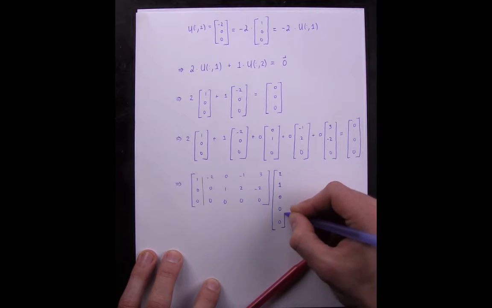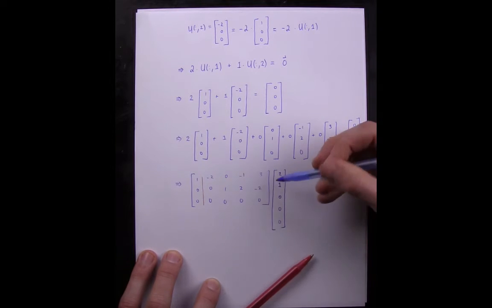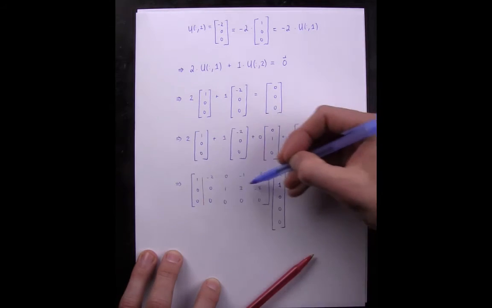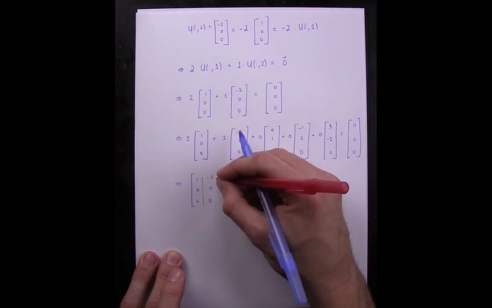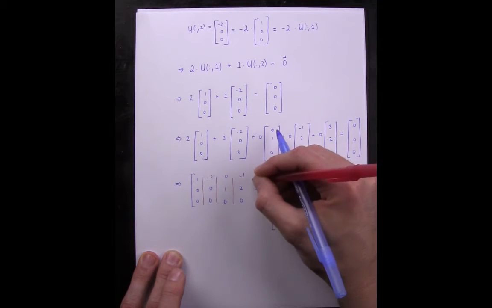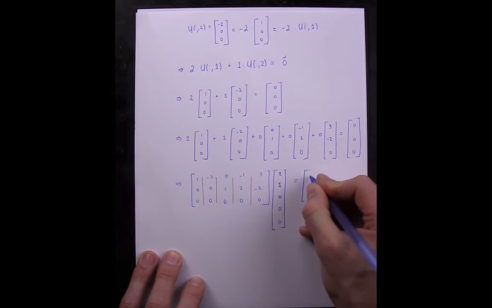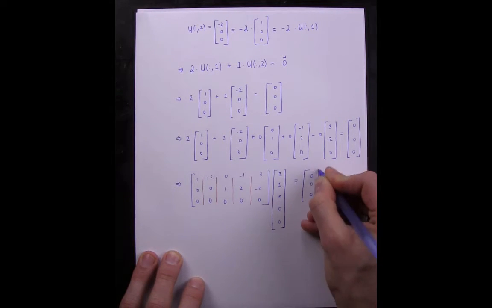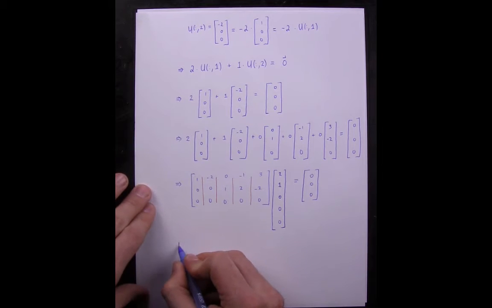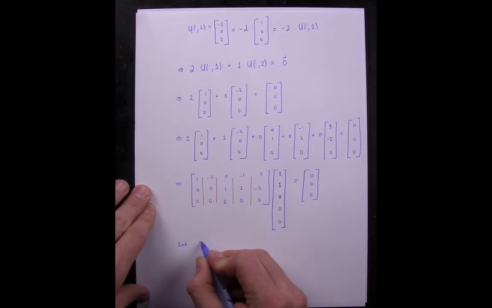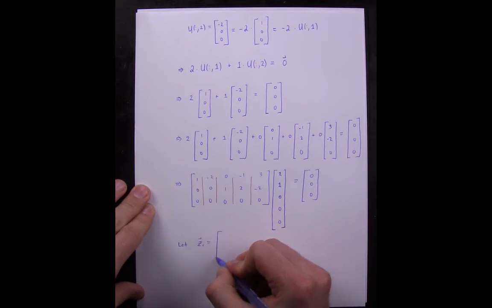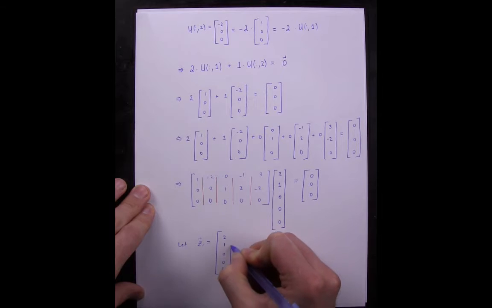So all of a sudden we see that if we take this linear combination of these columns, we produce the 0 vector on the right hand side. Thus, the first vector in our null space, which we're going to go ahead and call z1, is the vector 2, 1, 0, 0, 0.